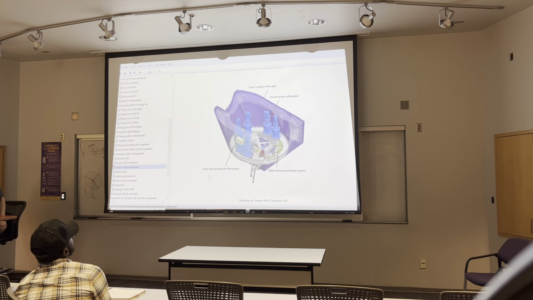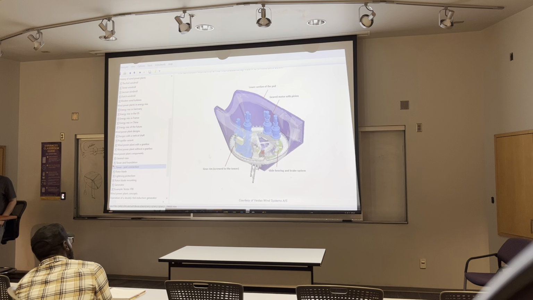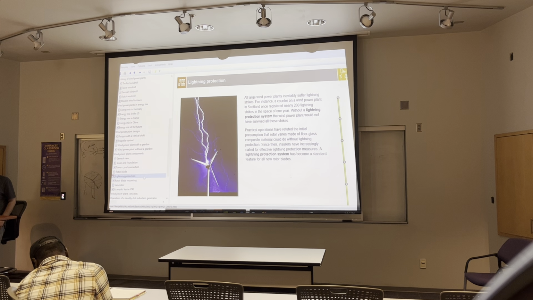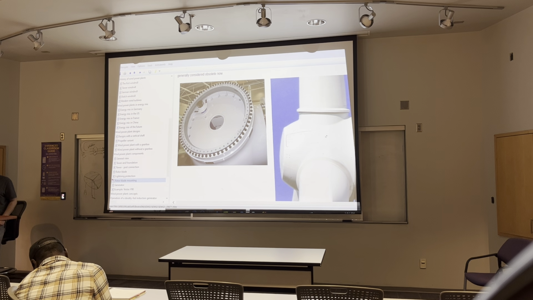See this, the internal components of the wind turbine, and the rotor blade. This manufacturer makes rotor blades here. The blade should be supported by lightning protection. And these are the rotor blades.